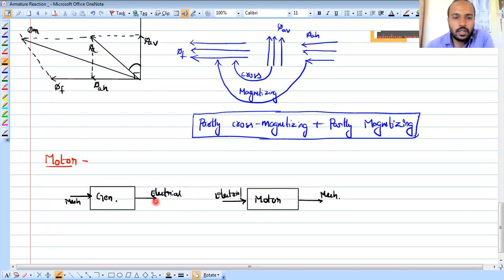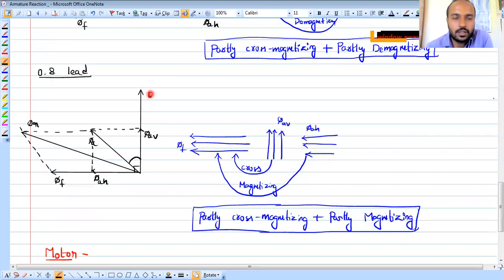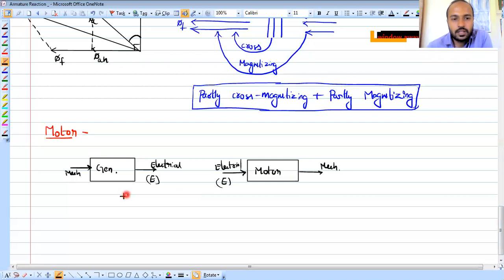So here electrical output in the sense EMF, right? Induced EMF, where we are going to take output as induced EMF under open circuit. Here we are giving input as an EMF. So what happens to the direction of EMF here? The direction of induced EMF gets reversed here. It becomes negative, right? In case of generator, if you consider the EMF is positive, in case of motor, the EMF will flow in reverse direction. That means it is negative.